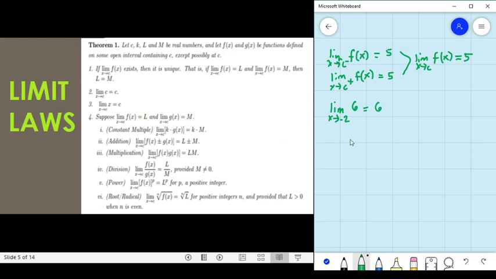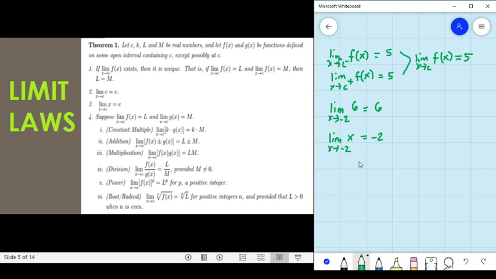Then number 3 states that the limit of x as x approaches c is equal to c. For example, the limit of x as x approaches negative 2 is equal to negative 2.